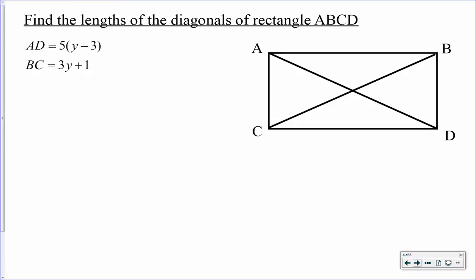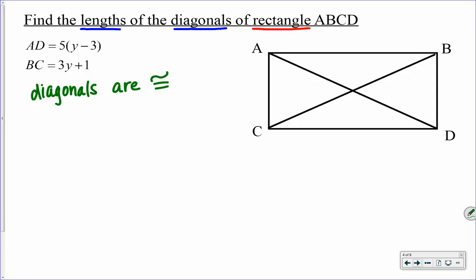Okay, so we're going to use all of these properties to solve for rectangles and squares. So the first one says find the lengths of the diagonals of the rectangle ABCD. Well, what do we know about diagonals of a rectangle? Well, we know that diagonals are congruent for a rectangle. That is a property that is true for a rectangle.